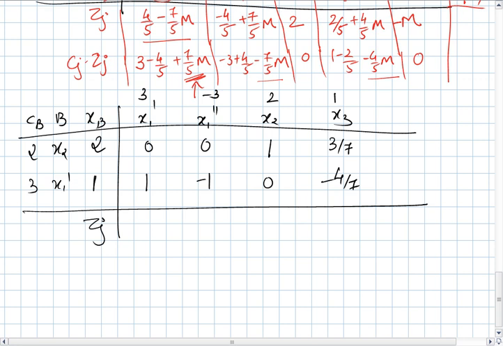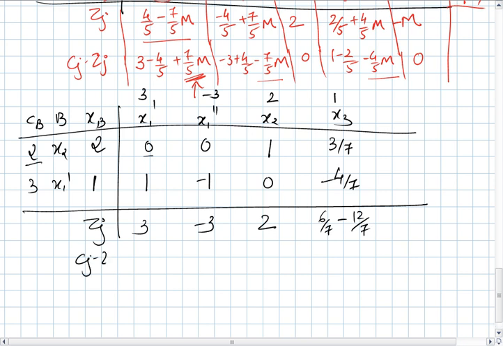Zjs are evaluated this way: 2 times 0 plus 3 times 1 is 3. 2 times 0 plus 3 times minus 1 is minus 3. 2 times 1 and 3 times 0 is 2. And 2 times 3 by 7, plus 3 times minus 4 by 7, so 6 by 7 minus 12 by 7. That is Zj.